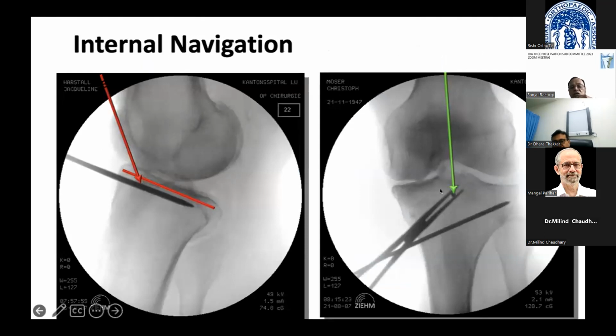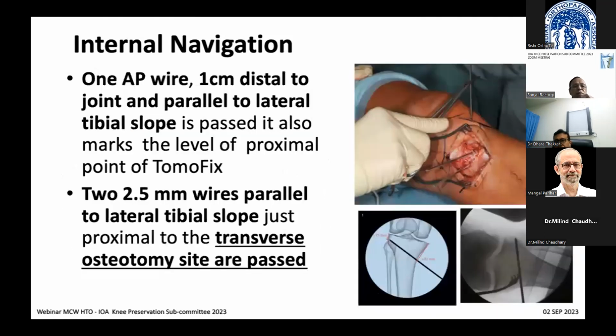Once we see this in a plane, when it is seen as a dot, then we pass 2 wires from the point of concave junction to just proximal to the proximal tibiofibular joint, and the osteotomy is done under it. So this will be parallel to the lateral slope of the tibia.